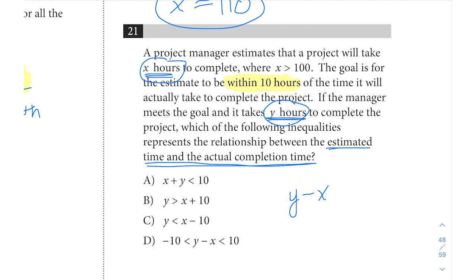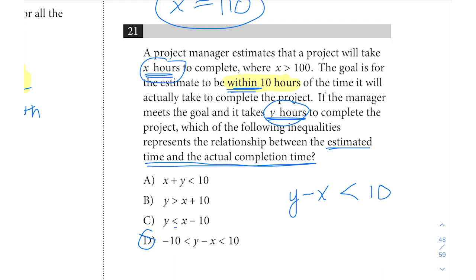That will tell us essentially how far off were we with our estimate. And they want us to be within 10 hours. And this is going to indicate that we have an inequality. So we can think that Y minus X should be less than 10, which might point us to answer choice D. And if we go ahead and pick that and move on, we might luck out and get correct. And that is correct on this.